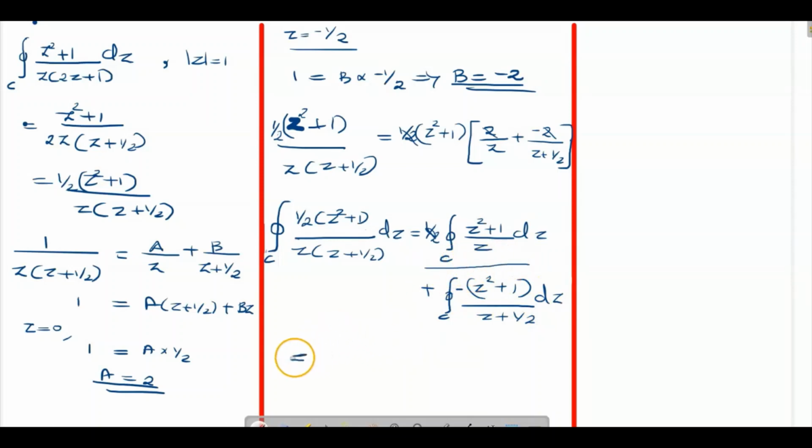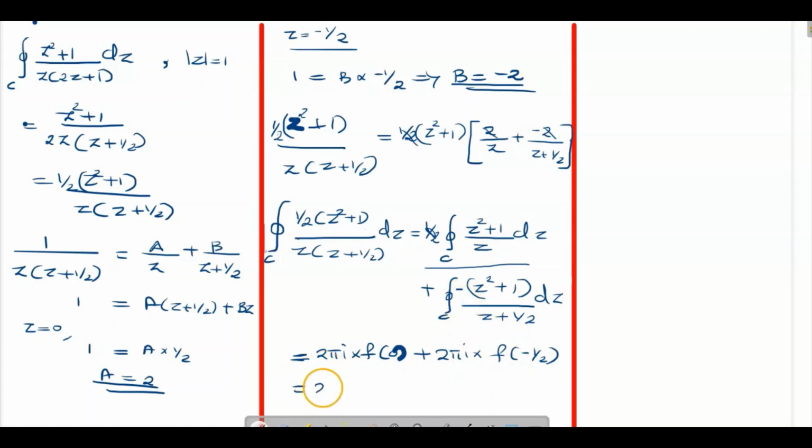Using Cauchy's integral formula, this is 2 pi I into, this is z minus 0, 2 pi I into f of 0, plus next one 2 pi I into f of minus 1 by 2. This is z minus minus 1 by 2. So this is f of minus 1 by 2.